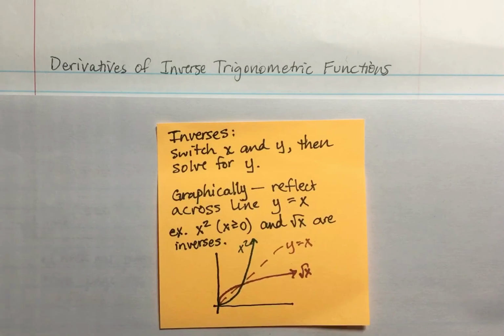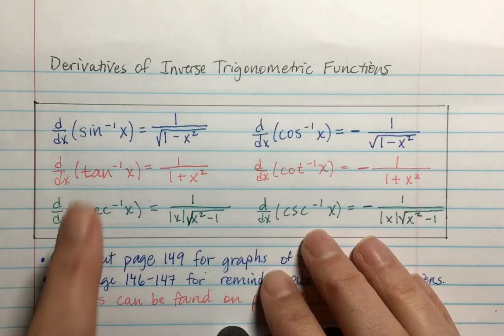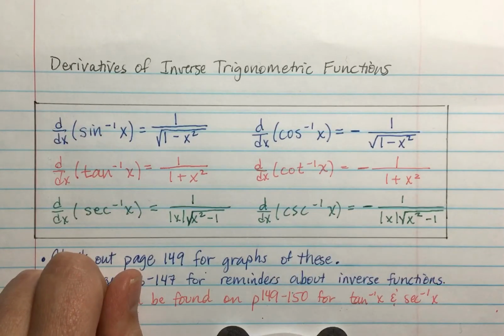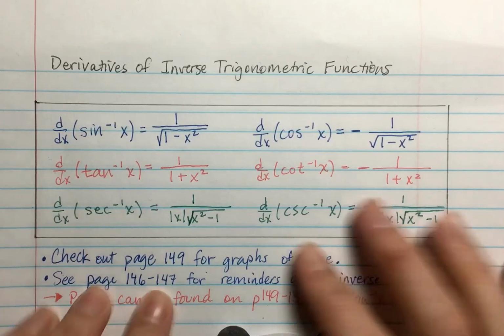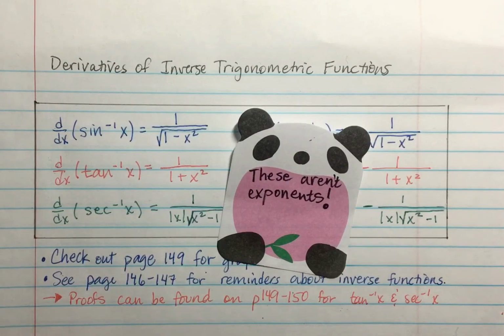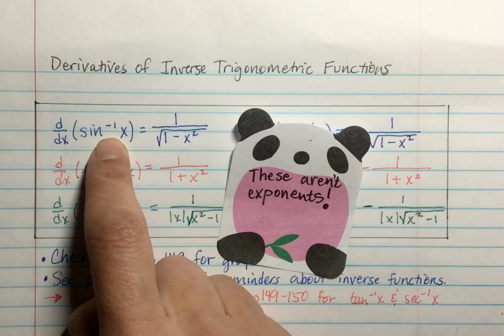And so, a little bit of a notation warning. The way it gets written, and you see it on your calculator, if you look right above the sine button, you see a little sine with a -1 exponent looking thing. These are not exponents. I'll say it again. These are not exponents. This does not mean 1 over sine x. We actually have something for 1 over sine x.